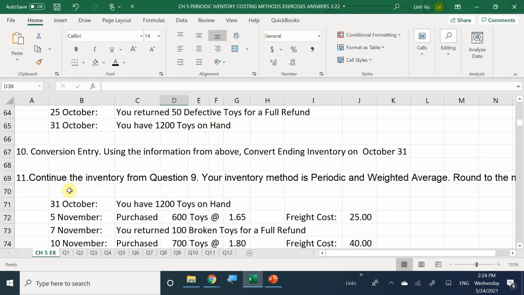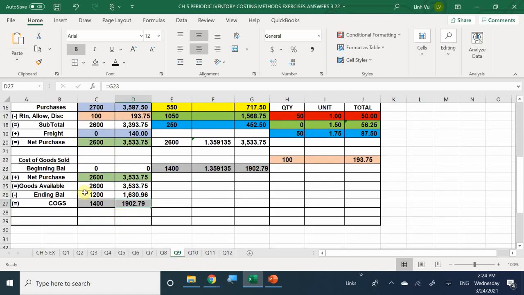Here we're given that on October 31st, you should have a total of 1200 toys on hand. Yes, we do, right? We calculated it from our previous section over here. We know that we have 1200 items, and we know it costs us a total of 1690.96.